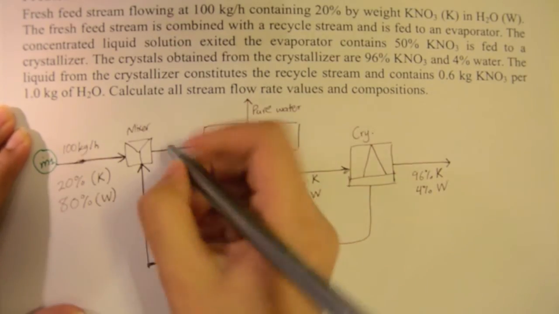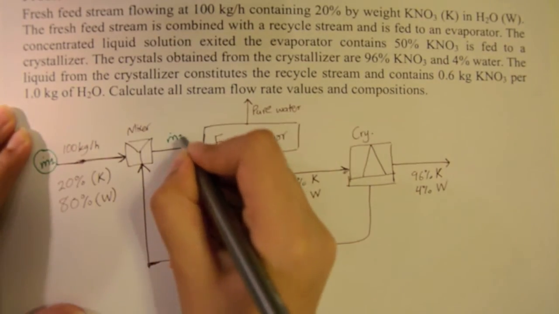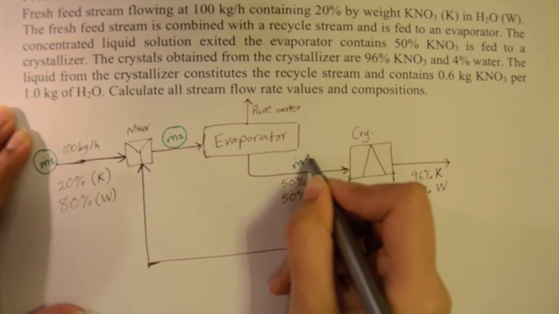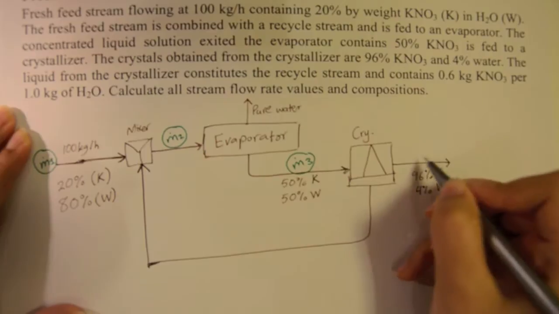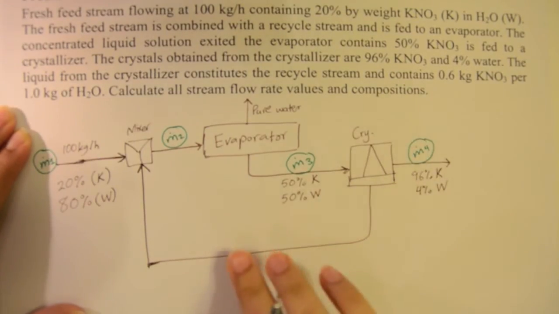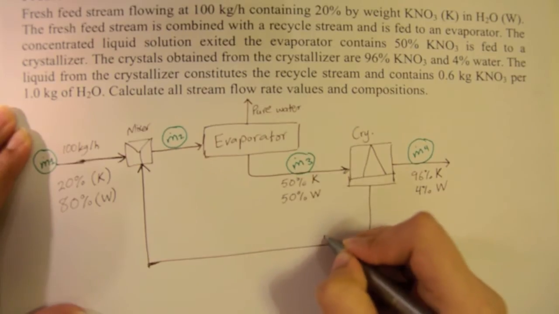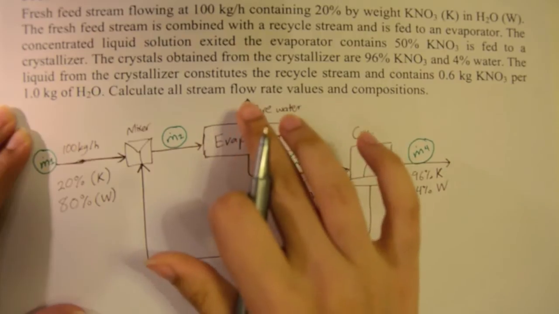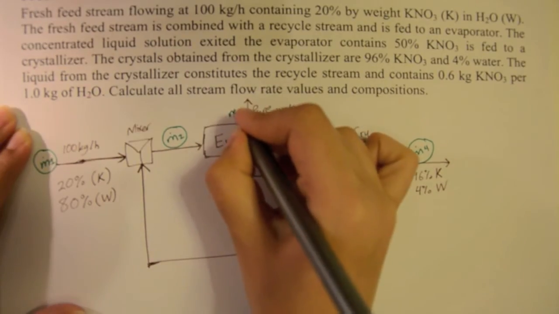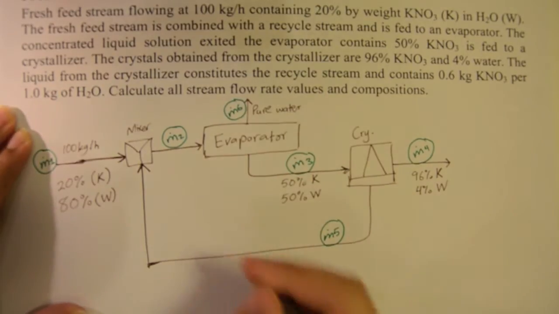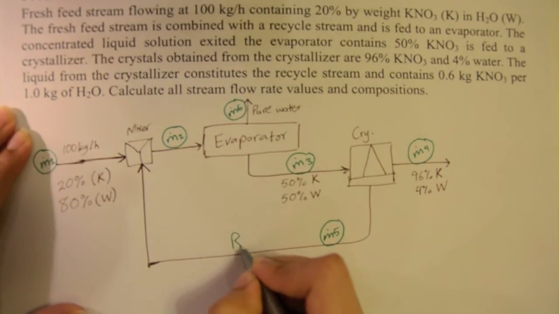So this is M1, this is M2 here, we can name this M3, this one is M4, the recycled stream is M5, and finally this is M6. Of course this is the recycle.